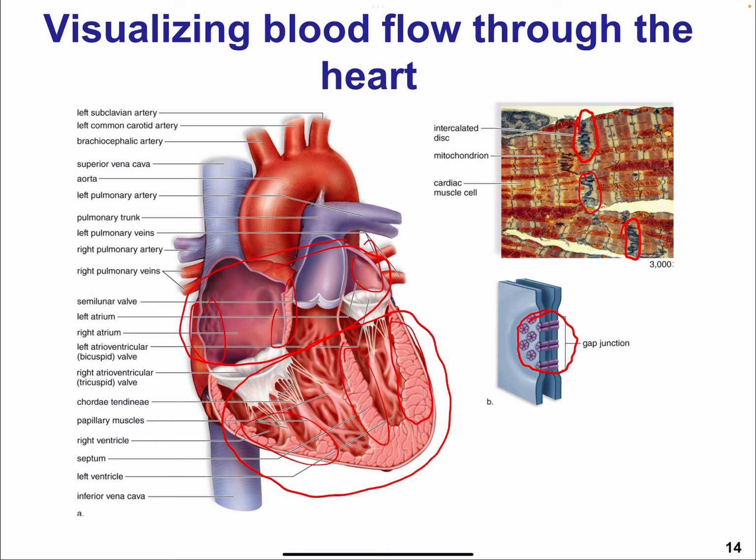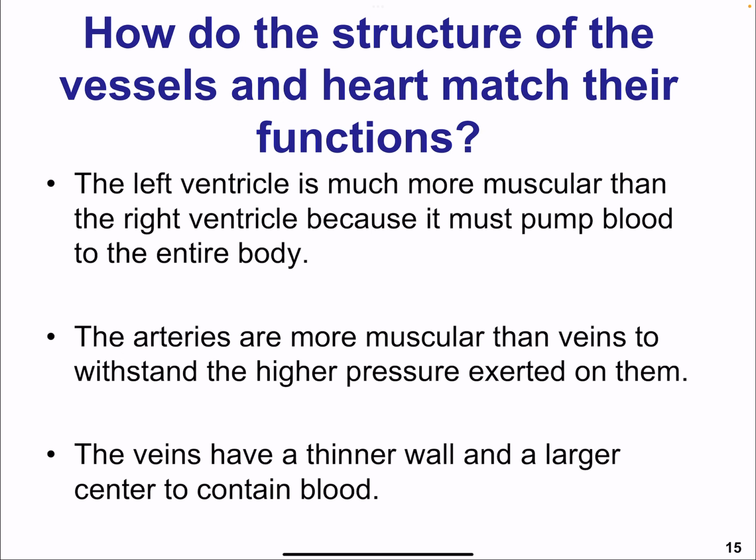Left and right atrium contract at the same time. One. Then two, right and left ventricles are going to contract at the same time. All right? So this is made possible because of the gap junctions that exist between cells, and these gap junctions are located in the intercalated discs. Okay? Please remember that.